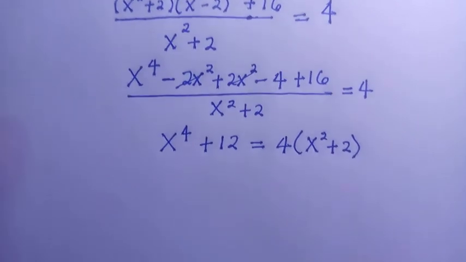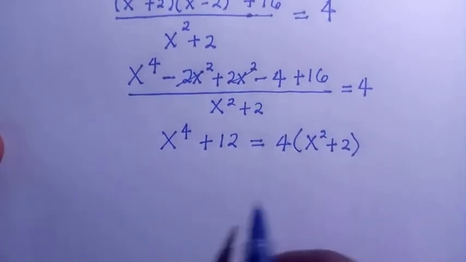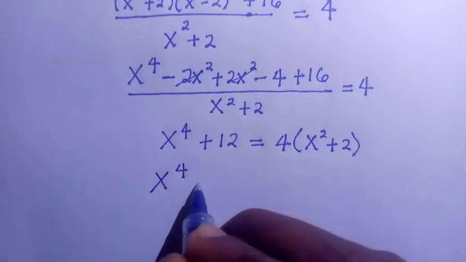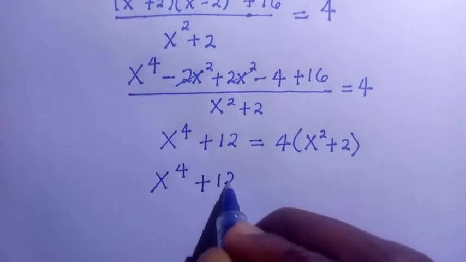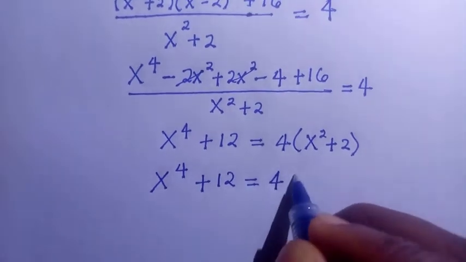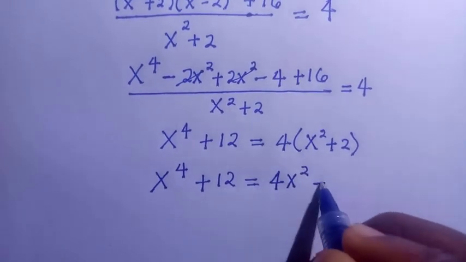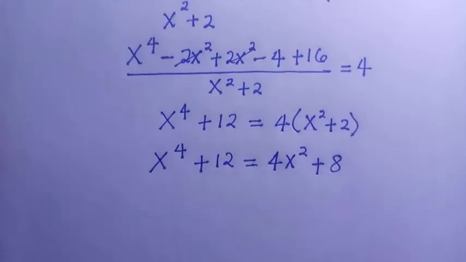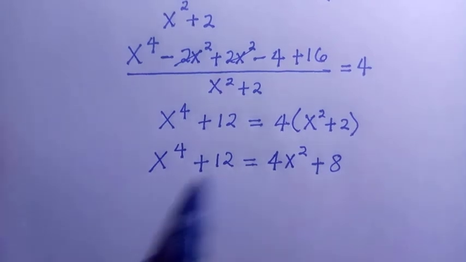So on getting to this stage, we are going to open this parenthesis so that we have x to the power of 4 plus 12 equals 4 multiplied by x squared, that is 4x squared, plus 4 multiplied by 2, that gives us 8.